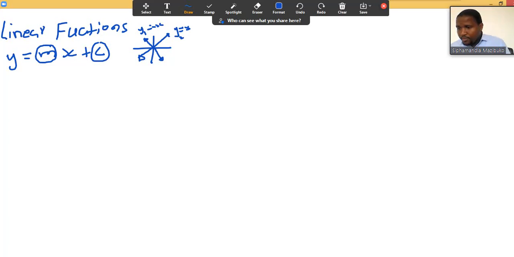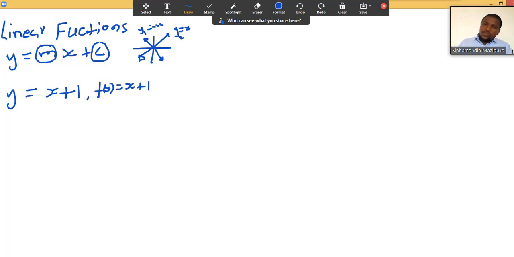Let's look at our first example here. We have y is equal to x plus 1. Remember, some people like to use f(x) is equal to x plus 1. I told you earlier that this is the same thing. So let's look at our table, as we used the table in the previous videos.